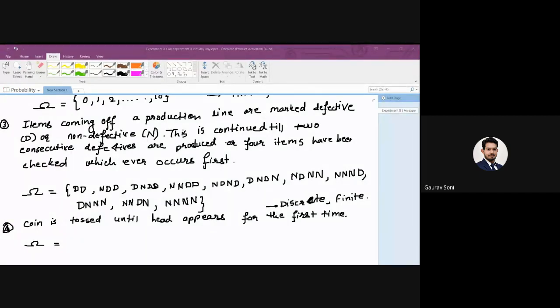Yes, Yashodan. Right, infinite. No, wait, Manas, wait. Sir, it will be countably infinite. I want the sample space.